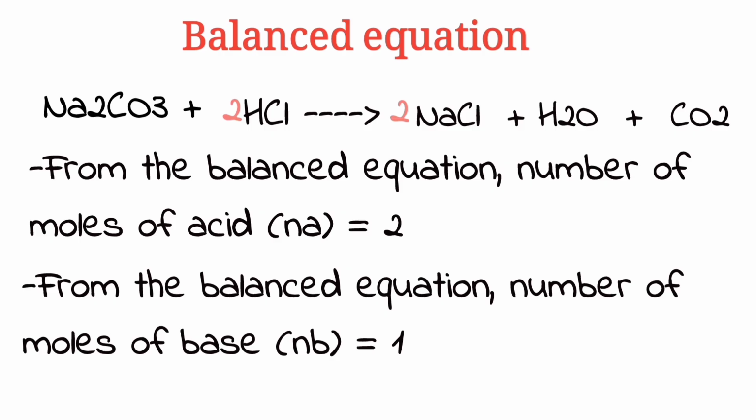There's nothing in front, meaning there's a 1, even though it's not written there. Note that there is 1 in front of sodium carbonate. Whether it is written or not, know that there is a 1 there. So the number of moles of sodium carbonate reacting is 1. And the number of moles of hydrochloric acid reacting is 2. So we have had our Na and our Nb.